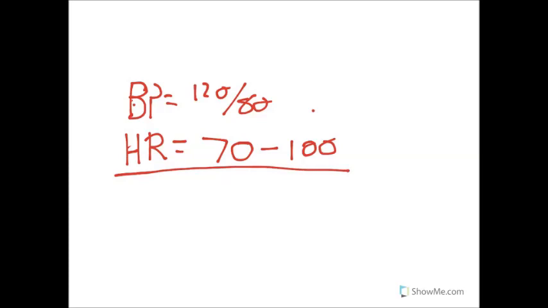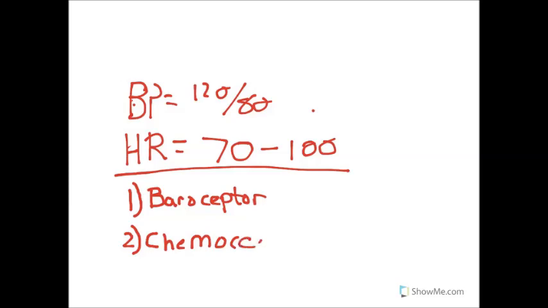Now, we have two negative feedback loops involved in that. The first one here is, of course, the topic of this video, called the baroceptor reflex. And the second one is called the chemoceptor reflex. These will be two incredibly important visceral reflexes to help control blood pressure.